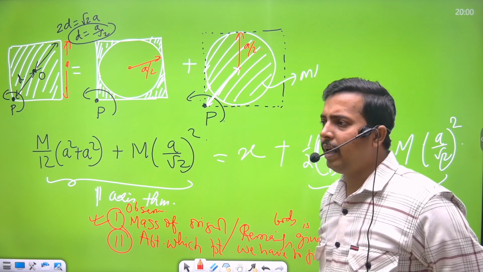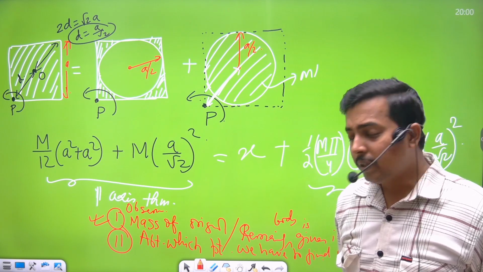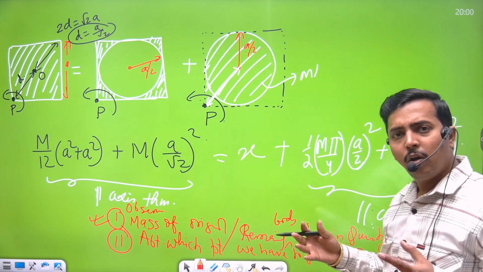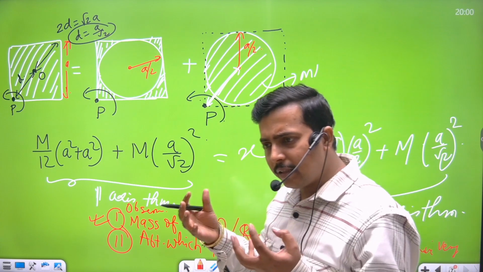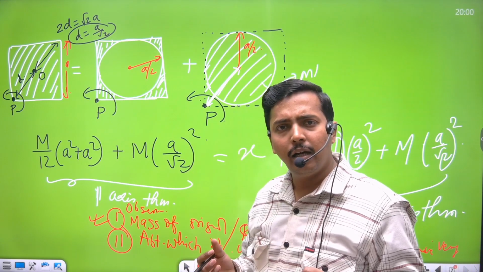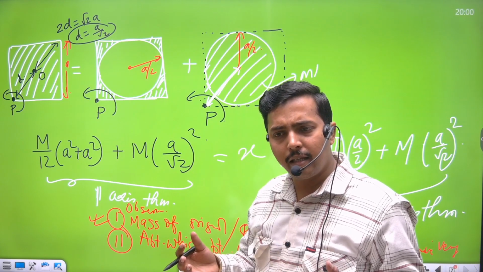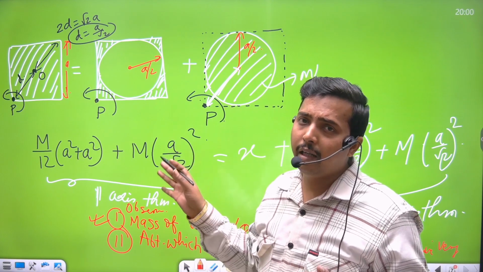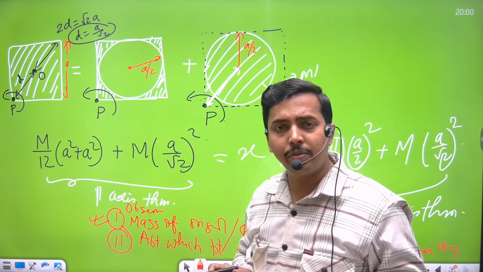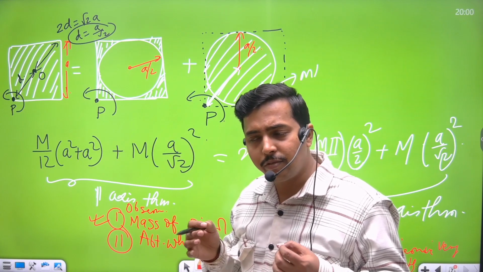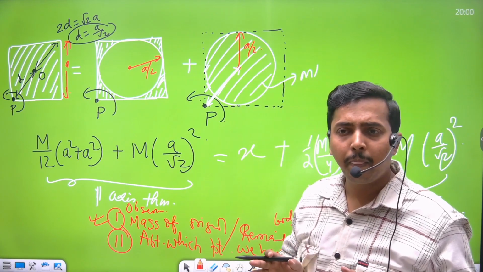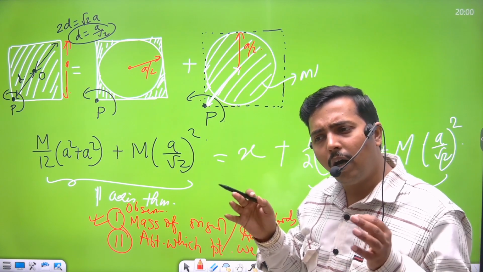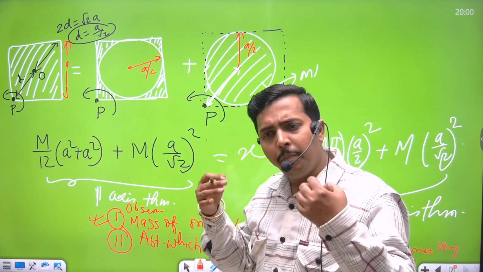You can solve them very happily. But those who are very anxious, who don't take things seriously, or take things very lightly, will feel difficulty in solving these problems. Because I have told you thousand times that rotation is not an impossible topic.